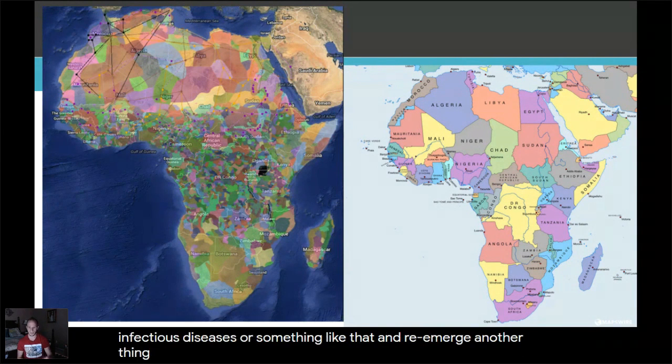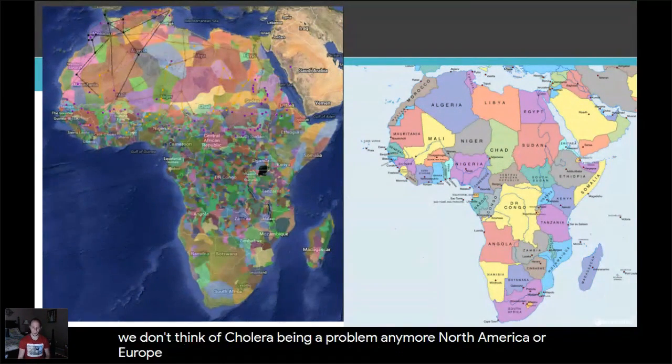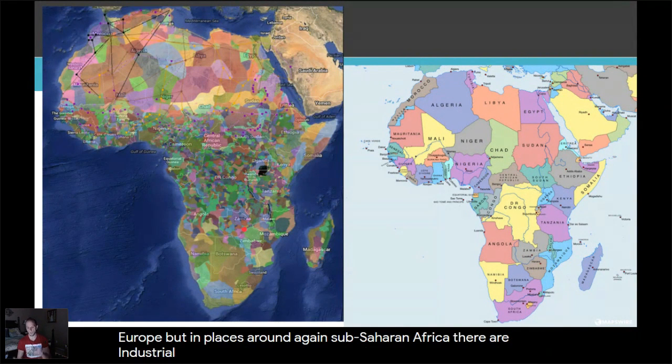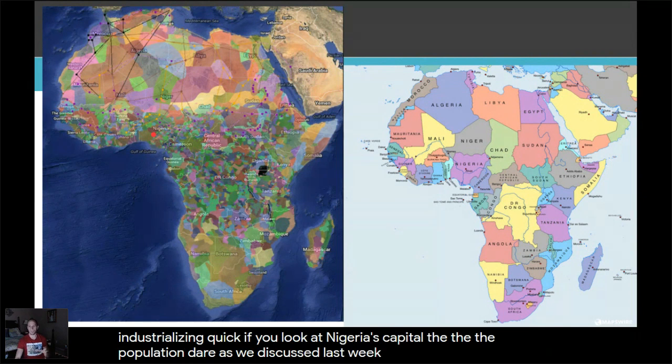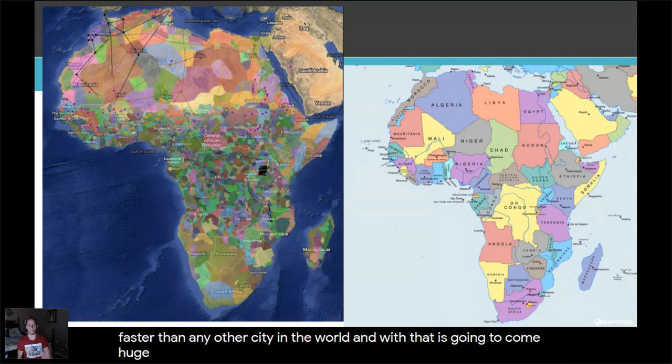Another thing you see is with something like cholera. We don't think of cholera being a problem anymore in North America or Europe, but in places around, again, sub-Saharan Africa that are industrializing quickly, it is. If you look at Nigeria's capital, the population there, as we discussed last week, is growing faster than any other city in the world, and with that come huge sanitation problems.